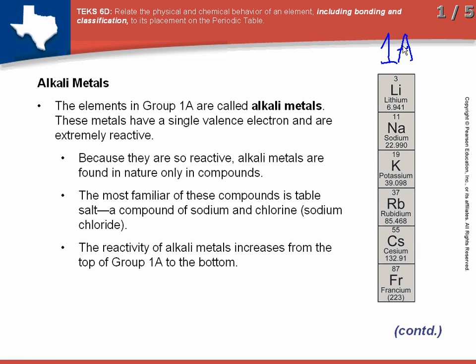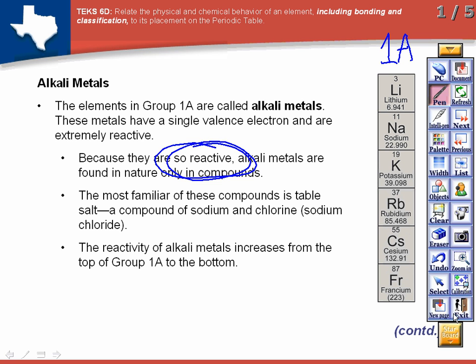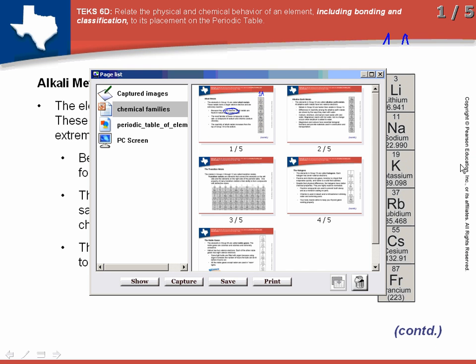They are very reactive. They're very reactive metals. If you put any of these metals in water, it will make an explosion. You do not mess around with these. They're so reactive you don't find them alone in nature. They usually have to be bonded to something else to calm them down.